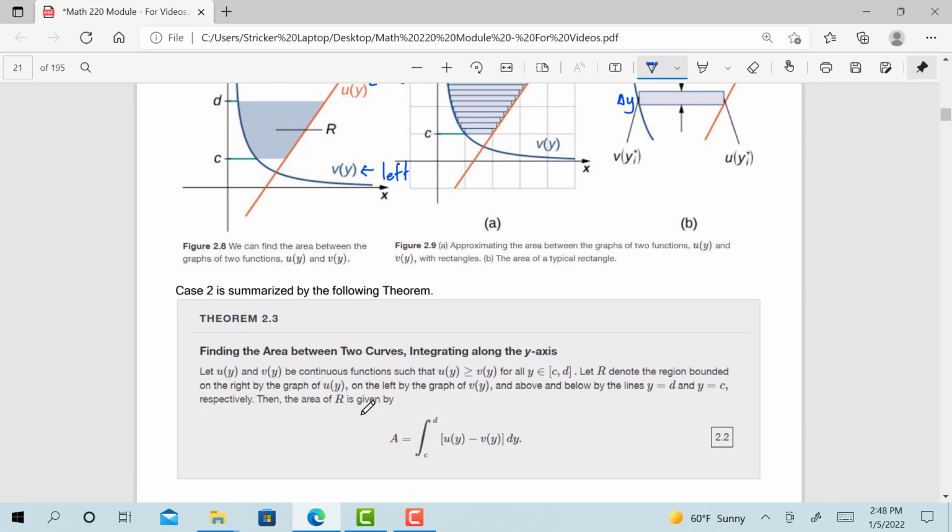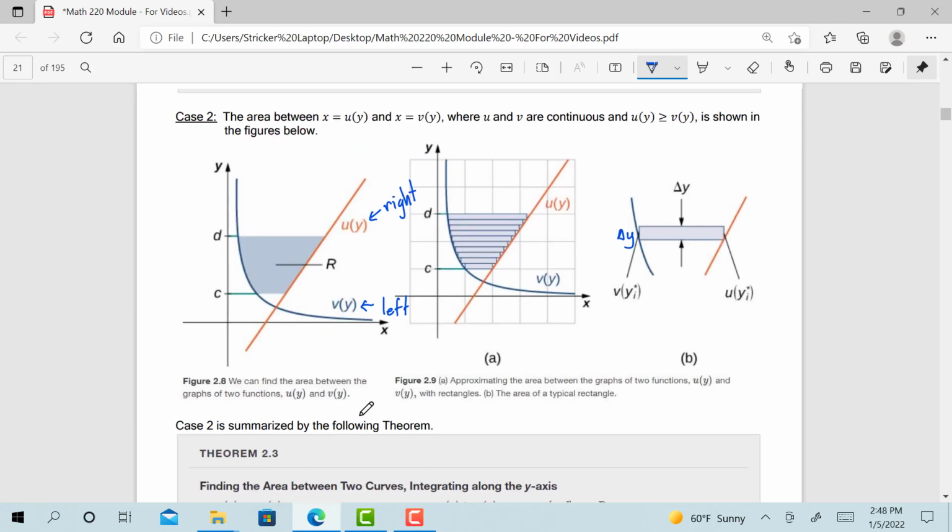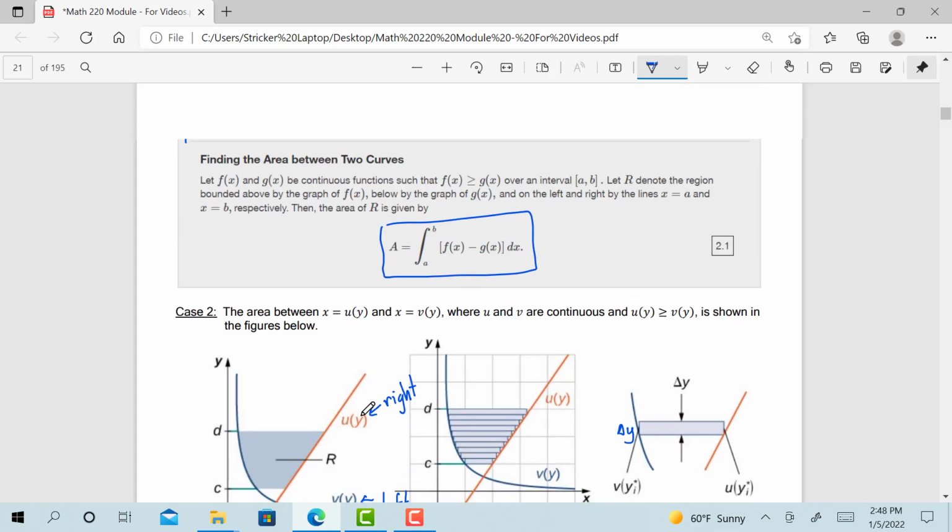It's u of y minus v of y. This is the right function. This is the left function. dy, and our limits go from c to d on the y-axis. If you look back up at the picture, you can see here this area in here goes from c to d.